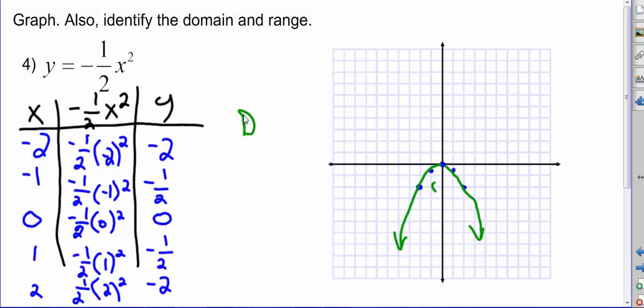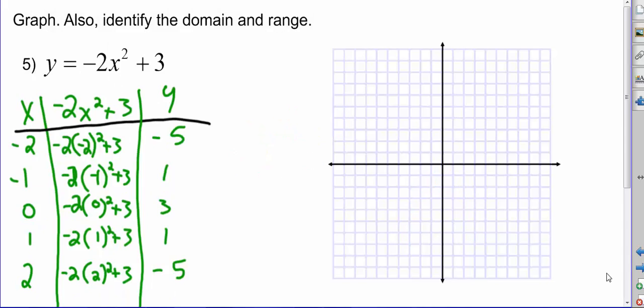So our domain on this one is going to be all real numbers. And our range on this one, that's our y values. Again, our domain is our x values. Our range is our y values. So we have a maximum of (0, 0). So on this one, y is going to be less than or equal to 0. And there you have it for number 4.